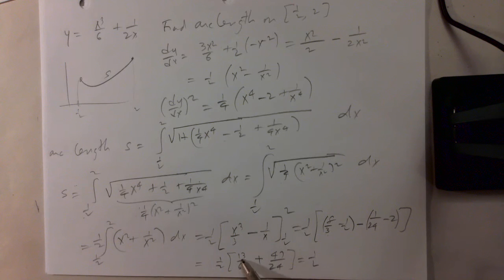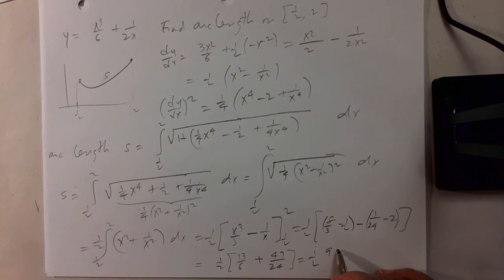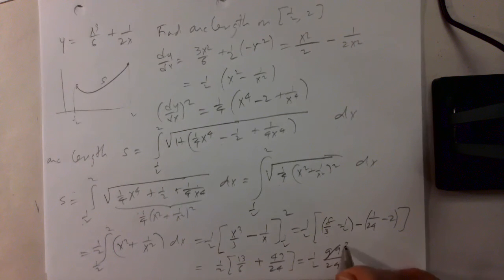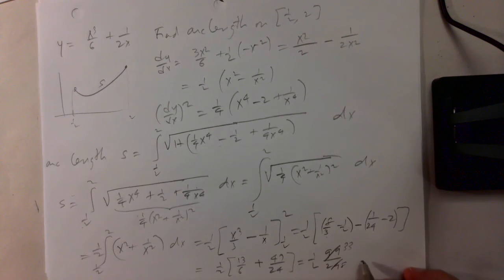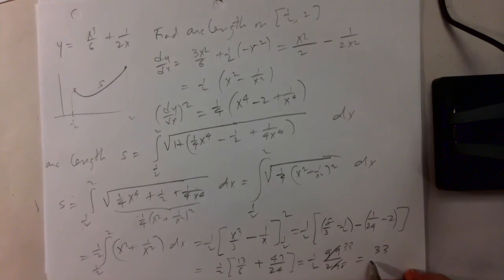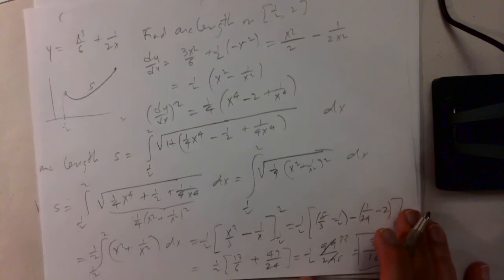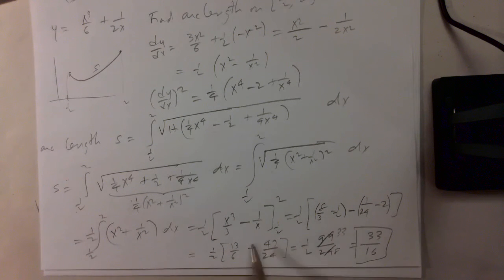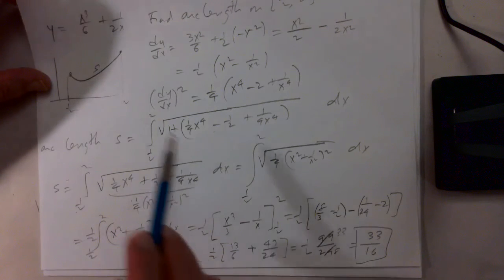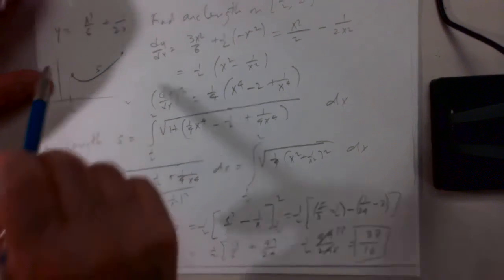Let's see. 13 times 4 is 52 plus 47. 52 and 47 is 99 over 24. 3 into that goes 33, and into this goes, so you get 33 over 16. So this part is just elementary algebra, though you have to do it correctly. But we were able to do the integral for this curious function.